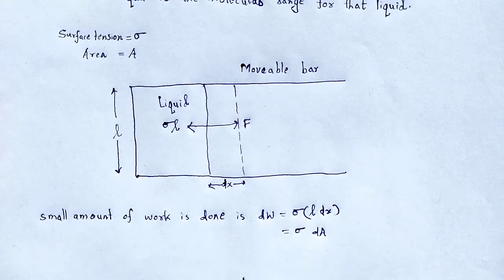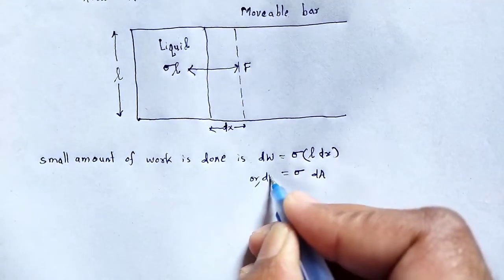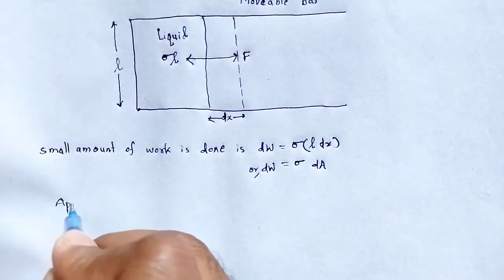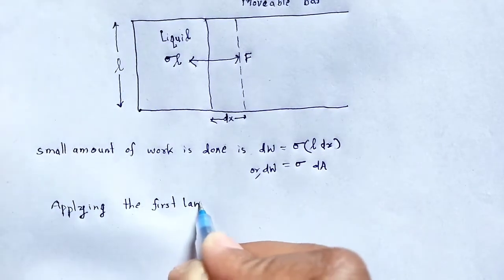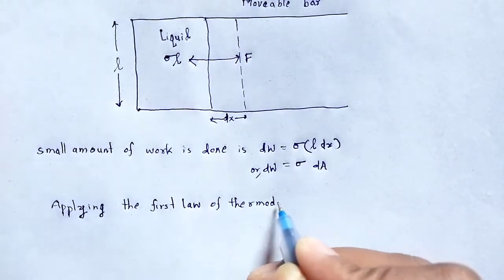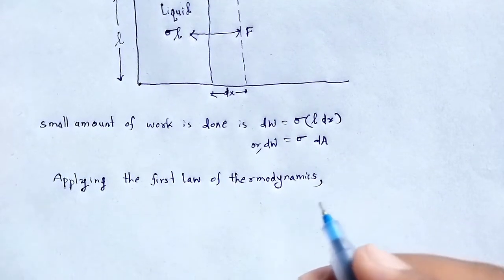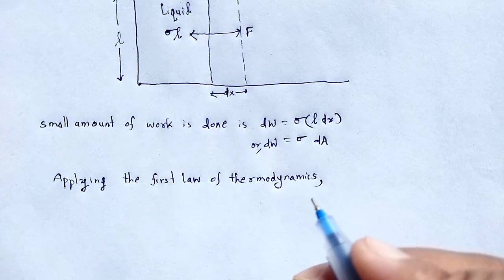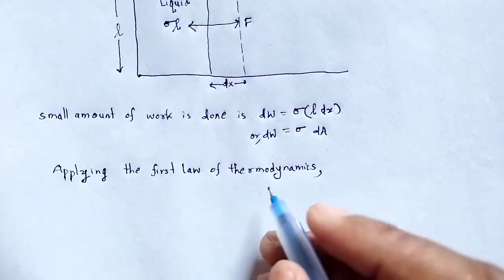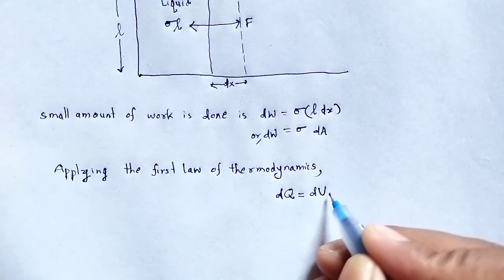Now applying the first law of thermodynamics, let du be the small change in internal energy. So let us supply dq amount of heat, which produces the change in internal energy du plus dW.